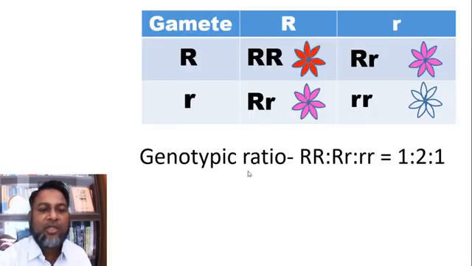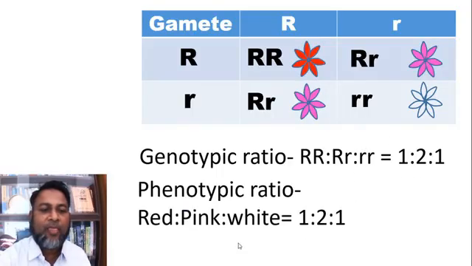Here we got the genotypic ratio capital R capital R 1, capital R small r 2, and small r small r 1. The phenotypic ratio is red 1, pink 2 and white 1.